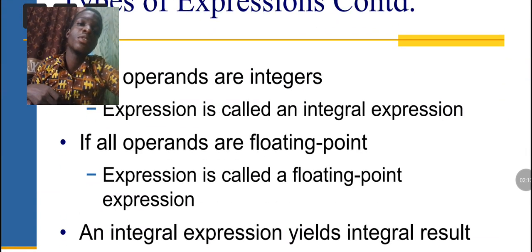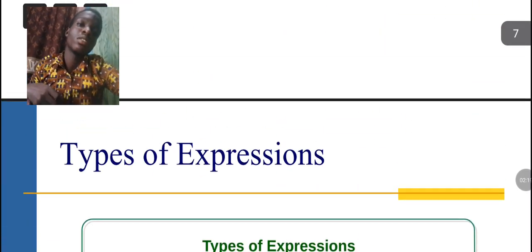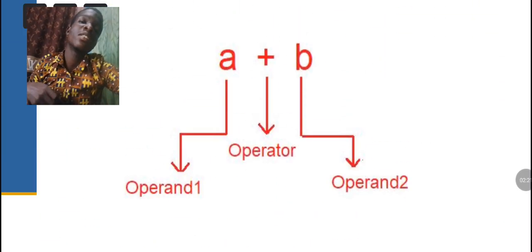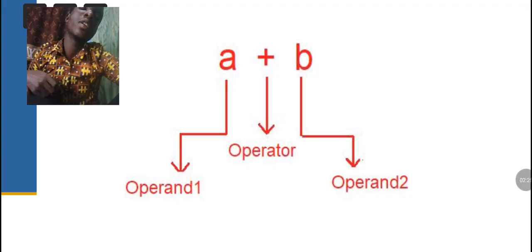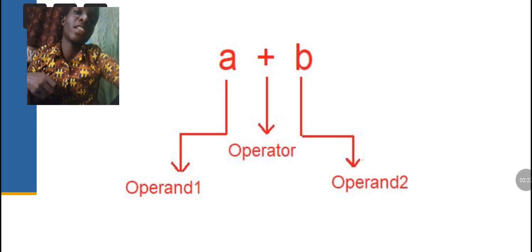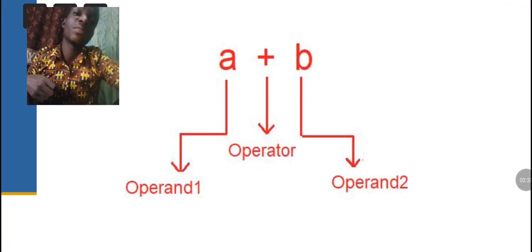If all operands are floating points, the expression is called a floating point expression. For example, A is 2.3 and B is 5.9. They are all floating point numbers.